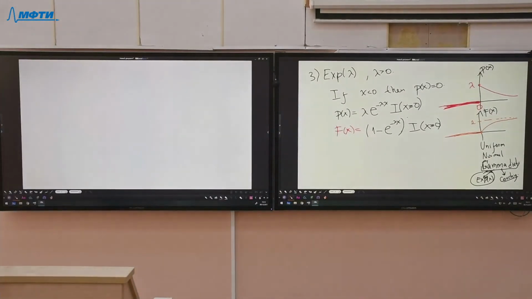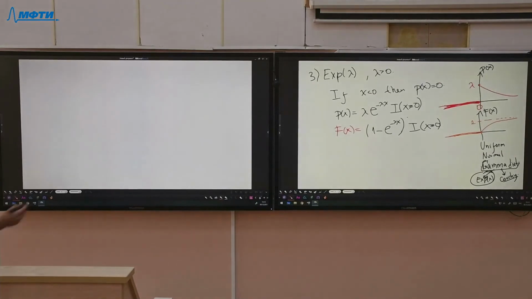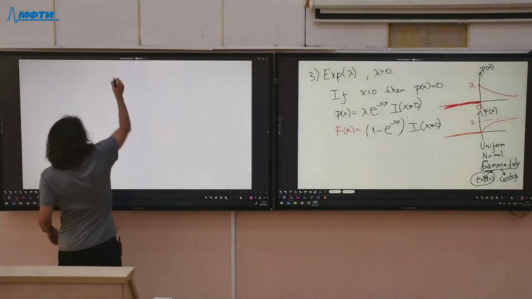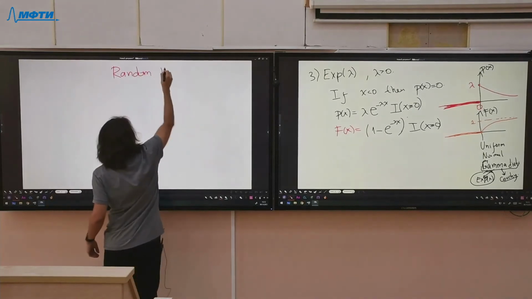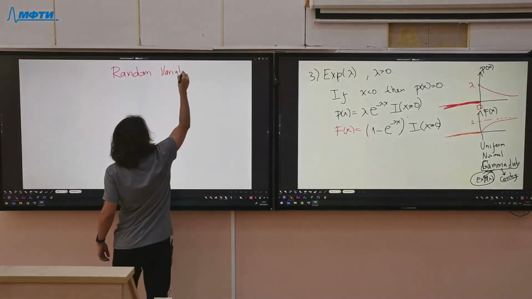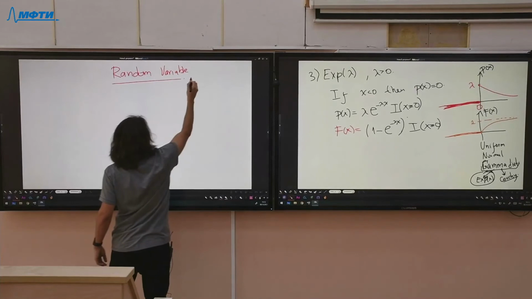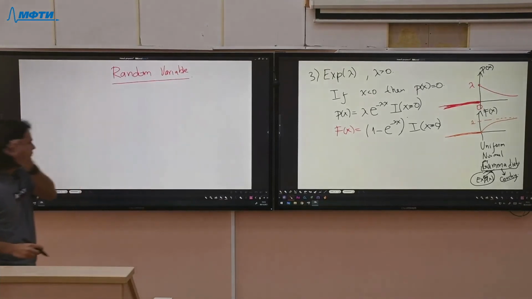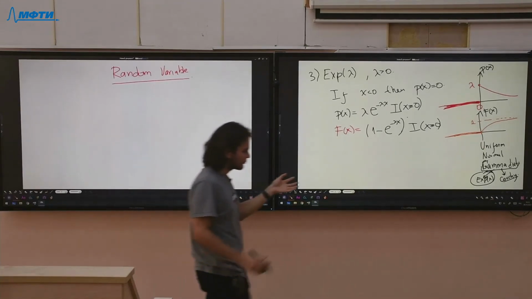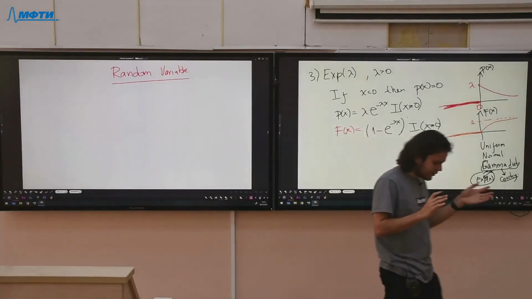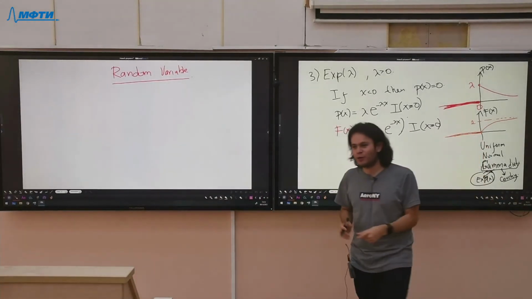Okay, so let's do the following. Now let's define finally what a random variable is. We've been talking about distributions, but for example, question: what is a distribution?